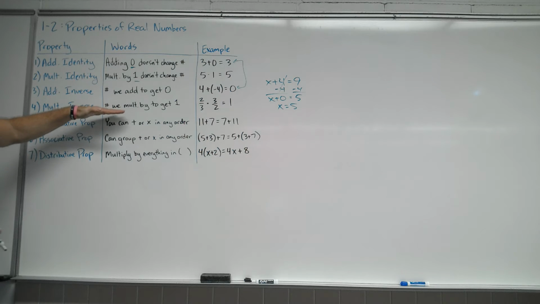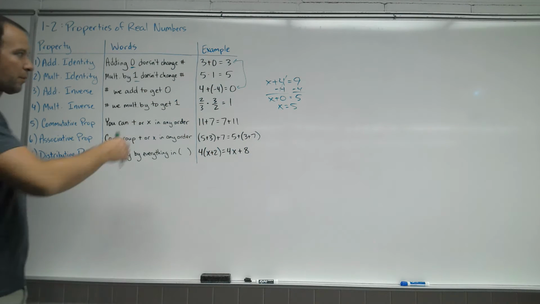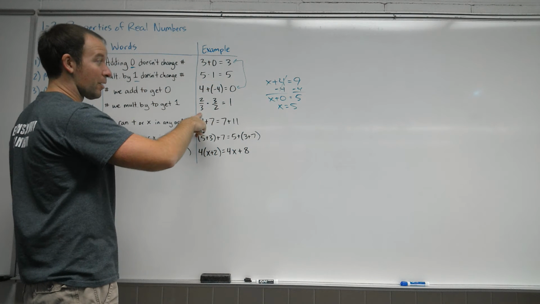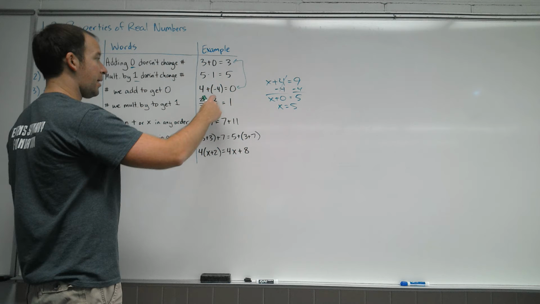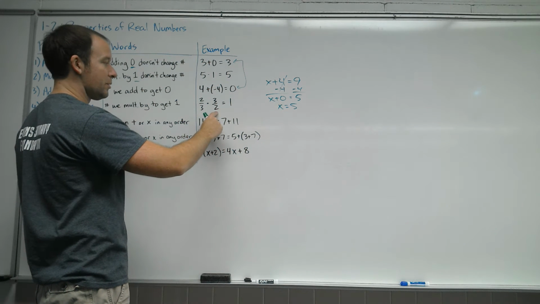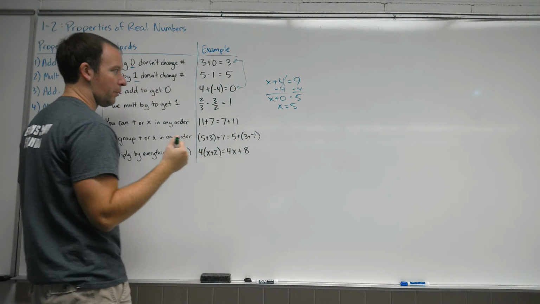The multiplicative inverse is the same idea, but with multiplication. It's the thing we multiply by to get a 1. So if I have a 2/3 and I want to get rid of it, multiply by 3/2. Because 2/3 times 3/2, the 2's will cancel, the 3's will cancel, and I'm left with a 1.